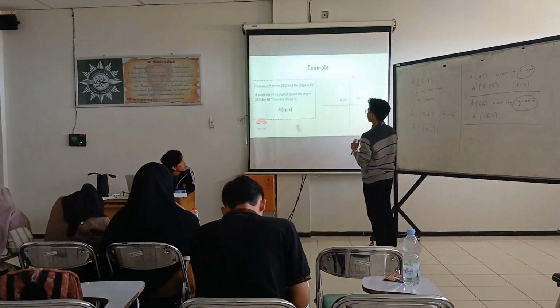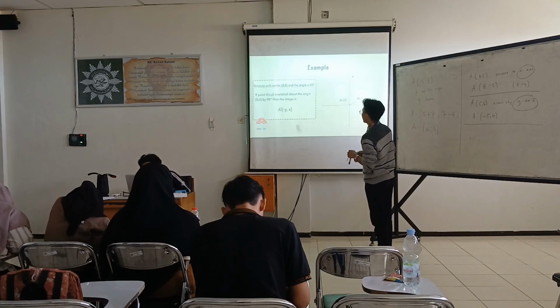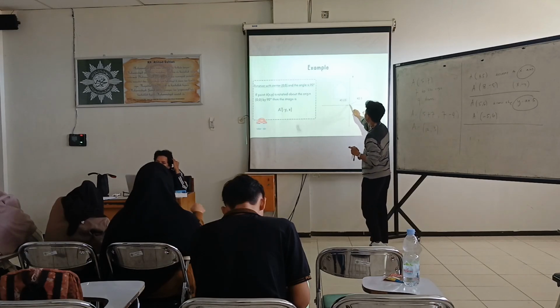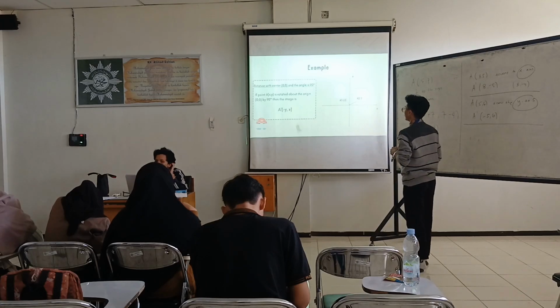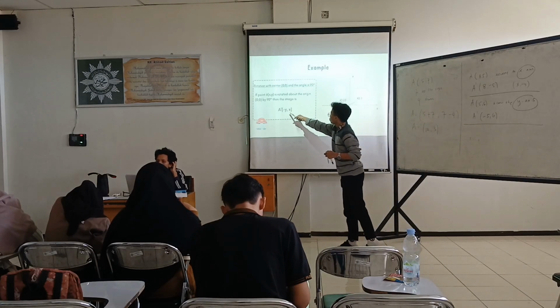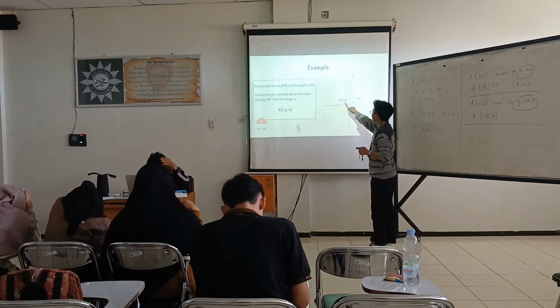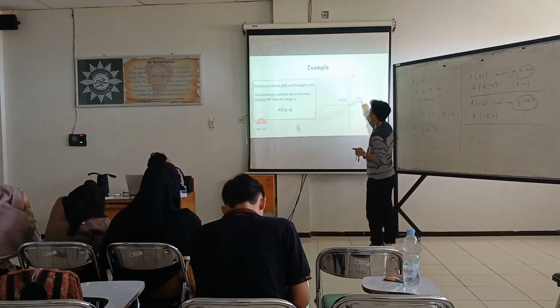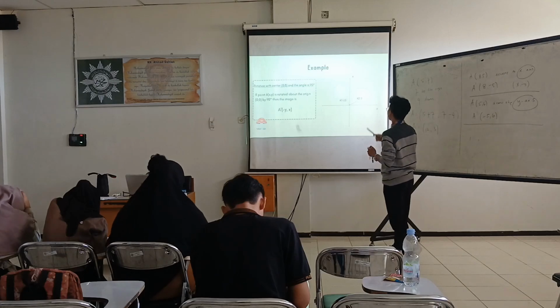The first example is point A (2, 1). If we rotate about the origin, center (0,0), by 90 degrees, the image is (-y, x). So the x stays the same, 2, and the y changes its sign to minus y.